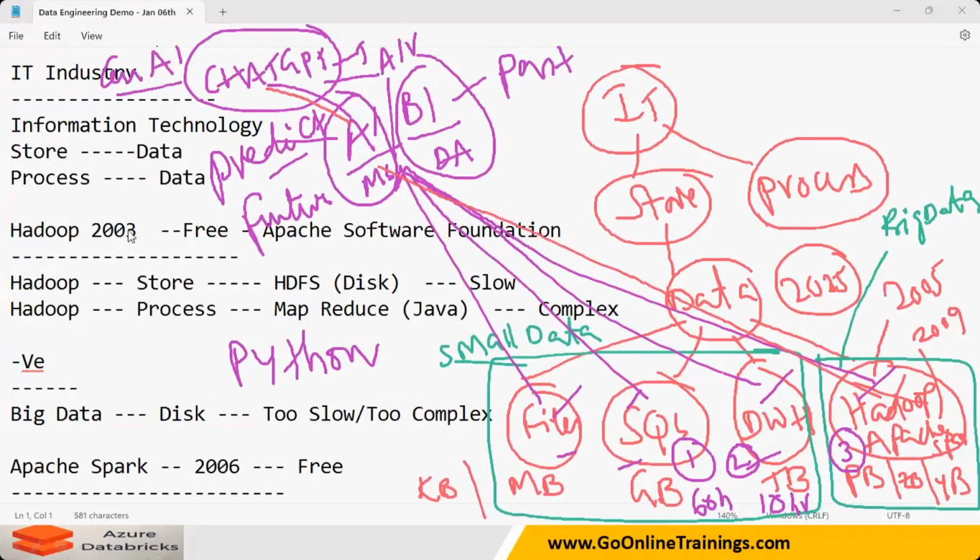What is the size of the data we're expecting here? We are going to be expecting not a very small amount of data, but a very, very big amount of data. It will be 1,000 Himalaya size. That is the data we are going to get from this Hadoop or Apache Spark. Am I clear?